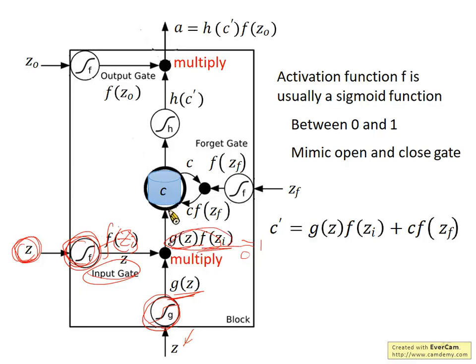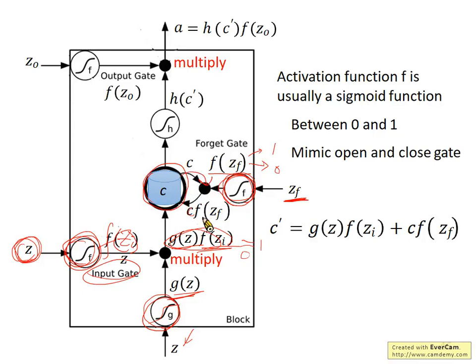Then assume that originally the memory information is c. We have a forget gate to control whether we will process c or not. Another control signal Z_f is input to this activation function, and f(Z_f) is the output of this activation function. That would be close to 1 or close to 0. If f(Z_f) is close to 1, then we will consider c.